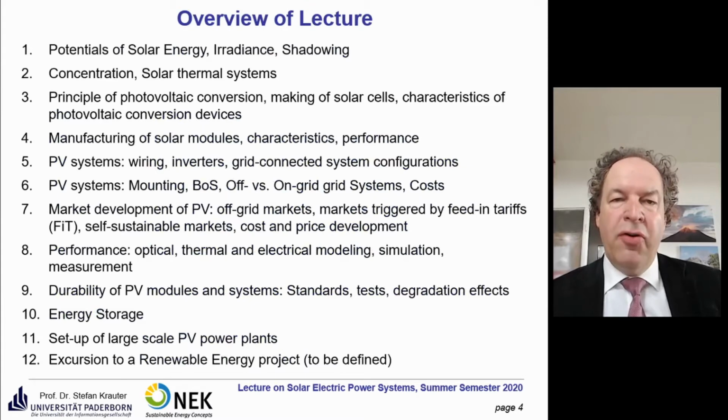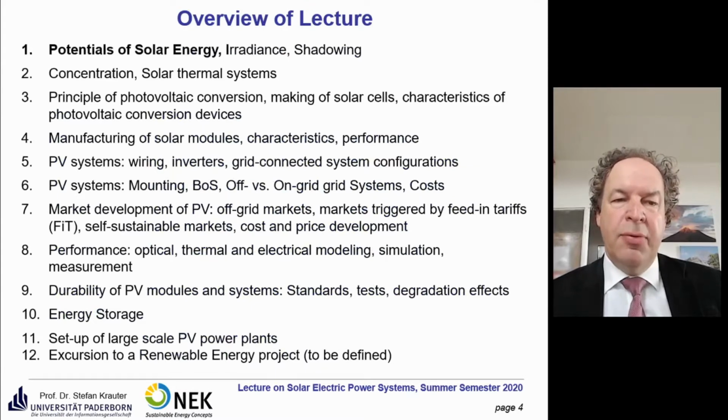Just a short overview of the lecture. Today we will start with the potential of solar energy, the properties of the irradiance and shadowing. Then next week we will talk about concentration of solar energy, solar thermal systems, and then we come to the main part, photovoltaic energy conversion, about the manufacturing of photovoltaic conversion devices.